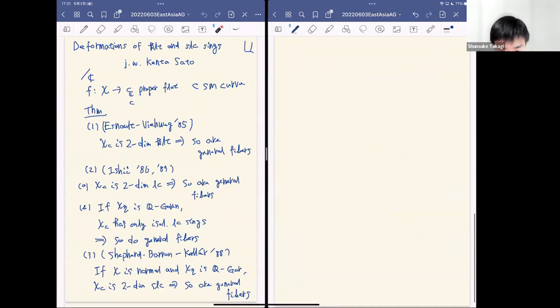These are the known results about deformation of KLT or semi-log canonical singularities, and before explaining our result, let me give a few remarks about them.